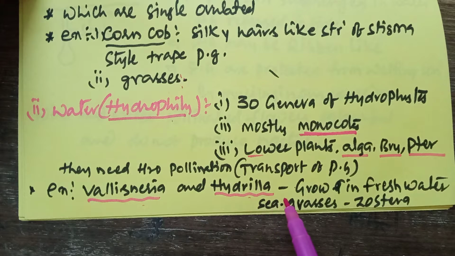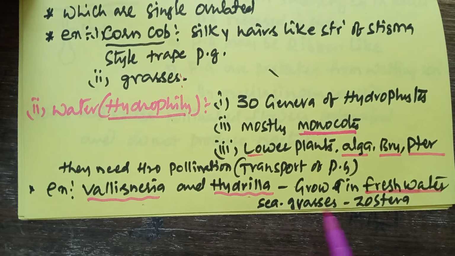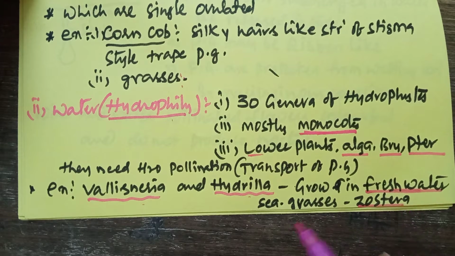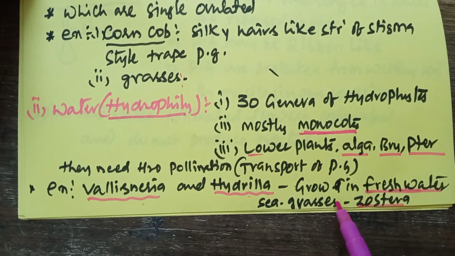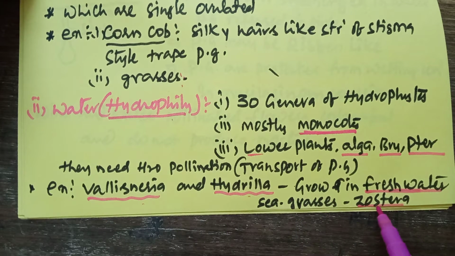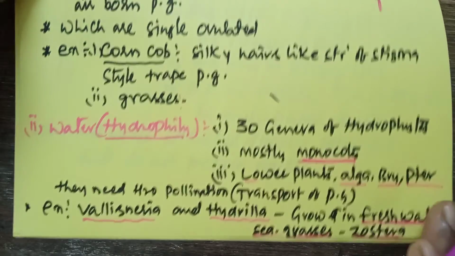These two types of plants grow in fresh water. One more example is Zostera. Among the many examples, the typical ones are Vallisneria and Hydrilla. Of course, Zostera also. Zostera is a sea grass which grows over the water.